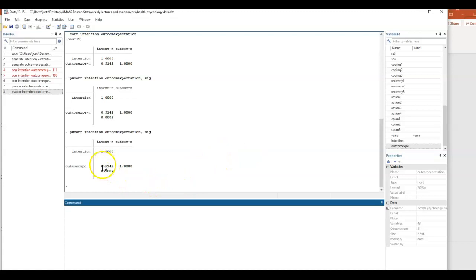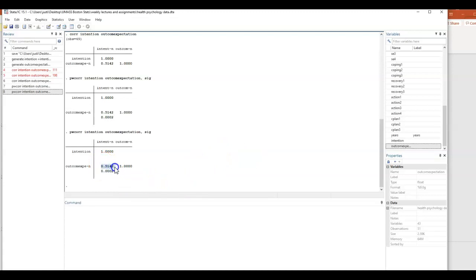So now what we have is a value of 0.51, which is positive and moderately strong. And we also see that our p-value is 0.0002, which is less than 0.05.